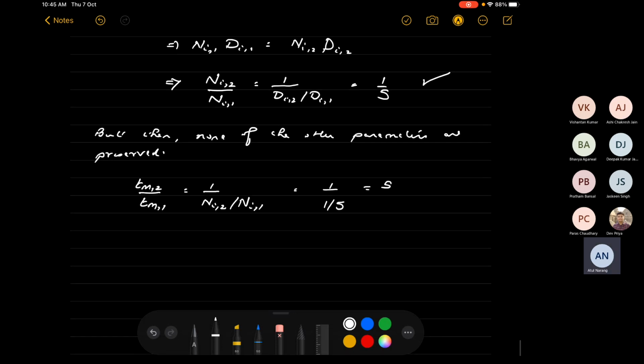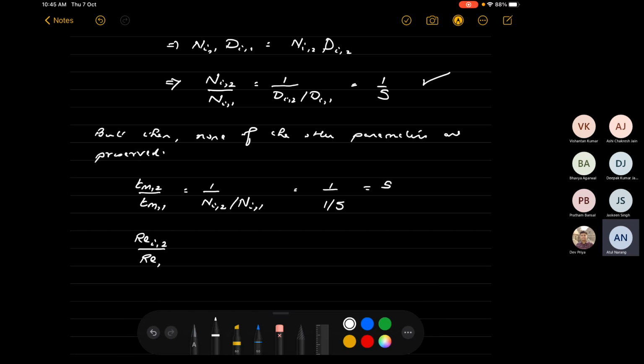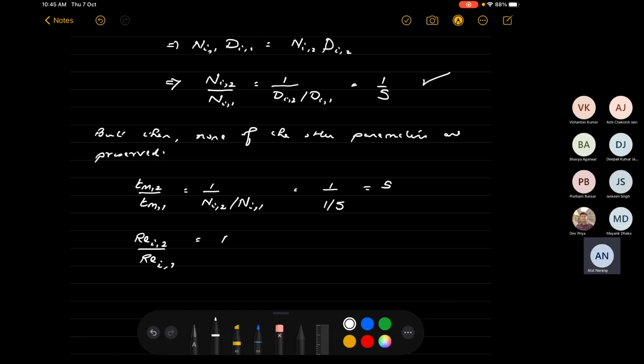And if you take a look at the Reynolds number, so this is Re_i2 divided by Re_i1. This is going to be now Ni2, right? And this is Di2 squared. And this is Ni1, and this is Di1 squared.